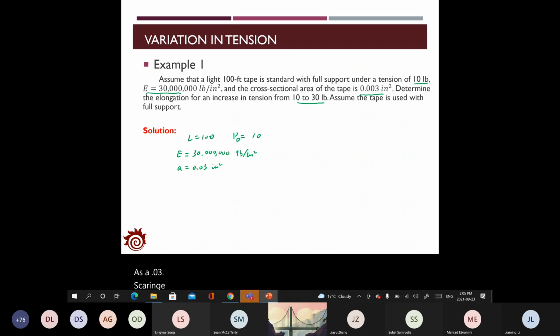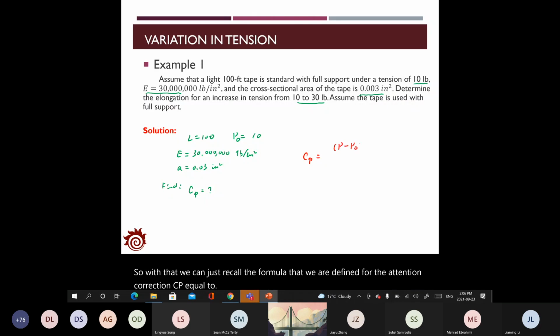And we want to find out the correction of tension. So we can just recall the formula that we defined for the tension correction. Cp equals (P minus P0) times L divided by A times E.